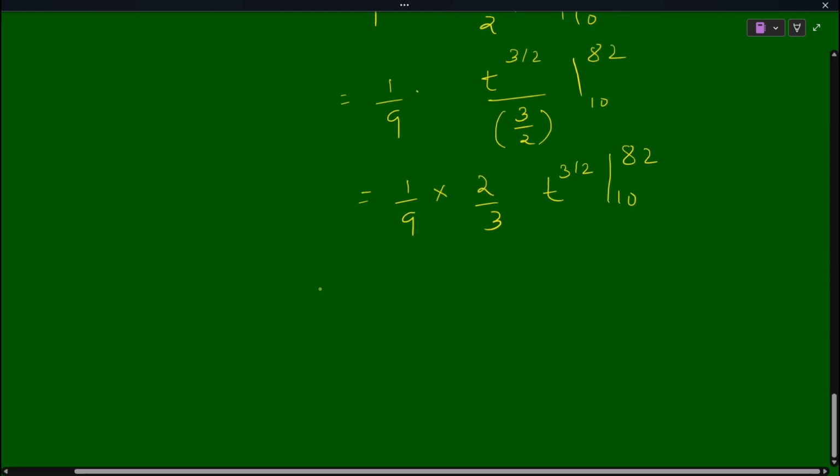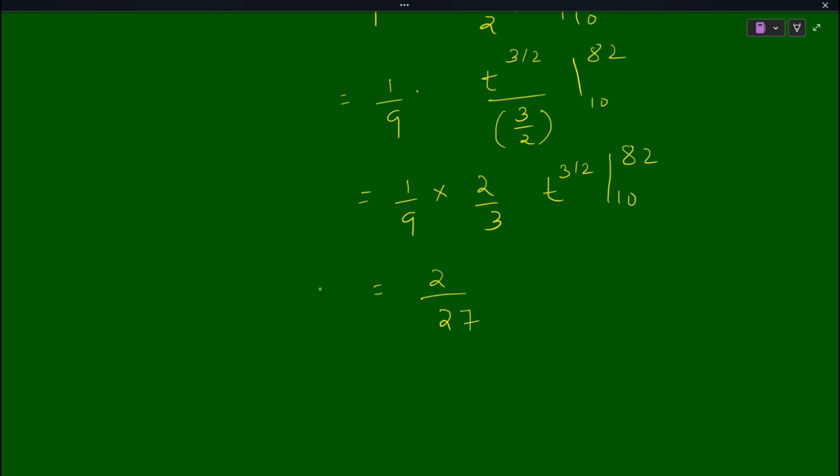Now this value is 2 by 27. How do we use the upper and lower limits? First take the upper limit as the value of t, so it would be 82 to the power 3 by 2, then minus, we take the lower limit, it would be 10 to the power 3 by 2. Now you can use a scientific calculator to find these values.